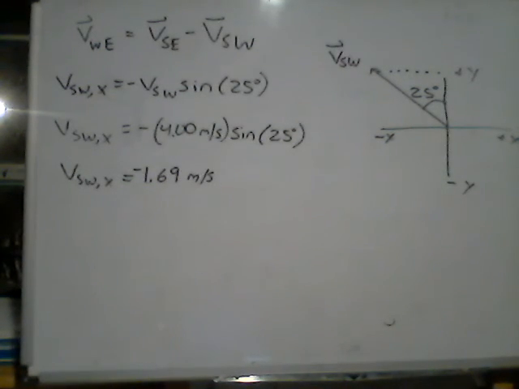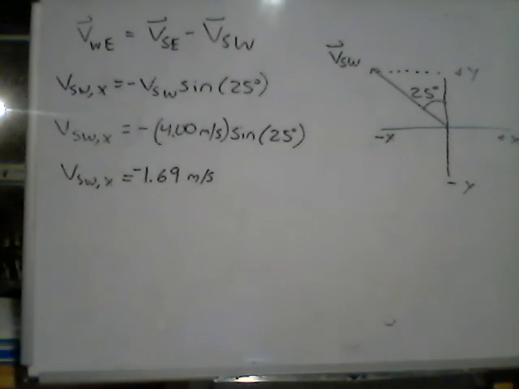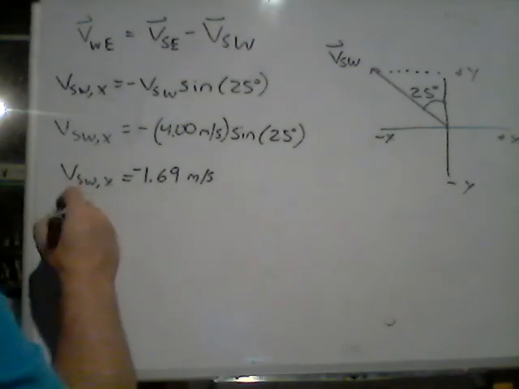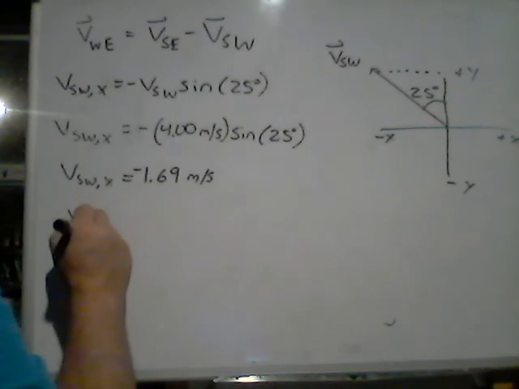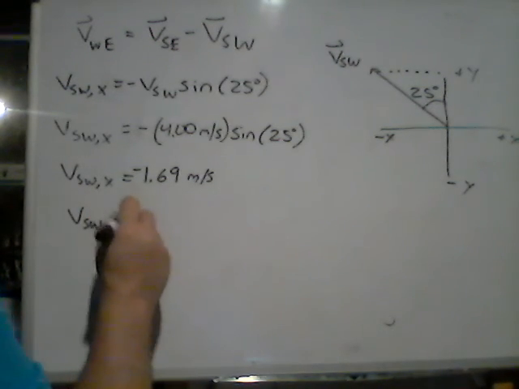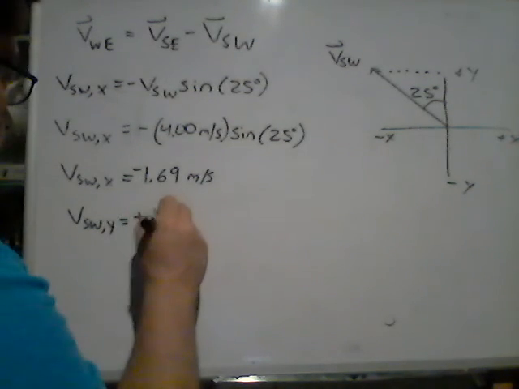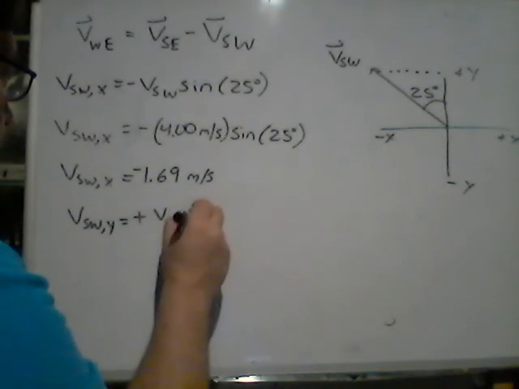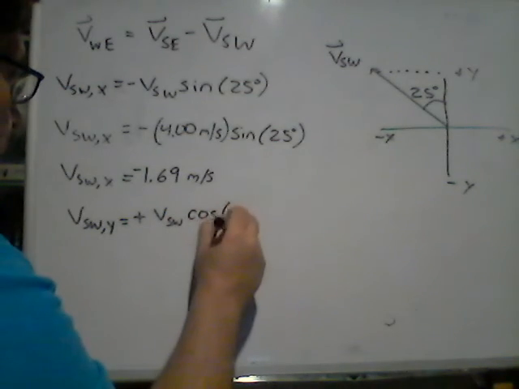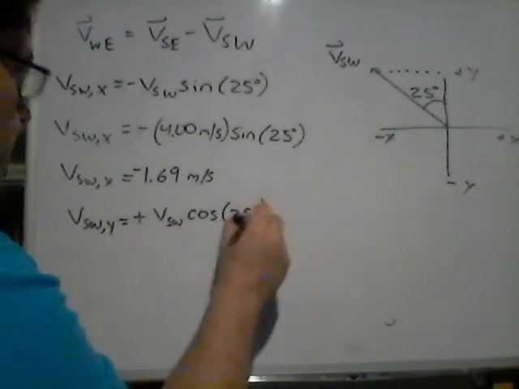I need to get V sub SW sub y. That's going to be positive by its very definition. It's a second quadrant vector. So V sub SW sub y will be positive V sub SW cosine of 25 degrees.